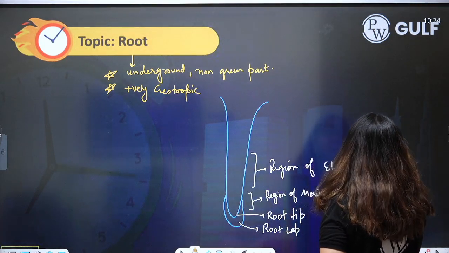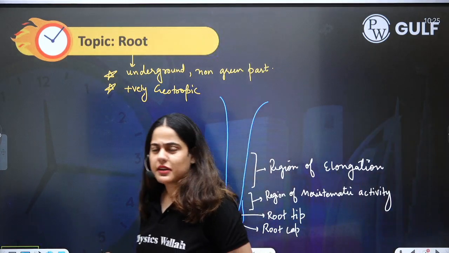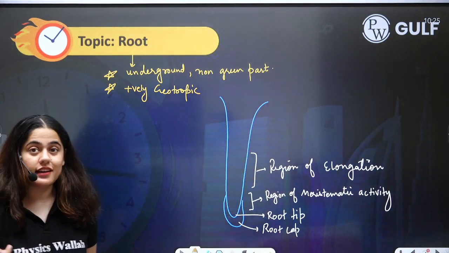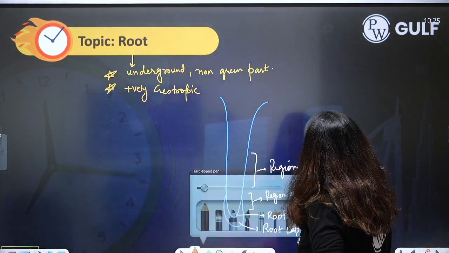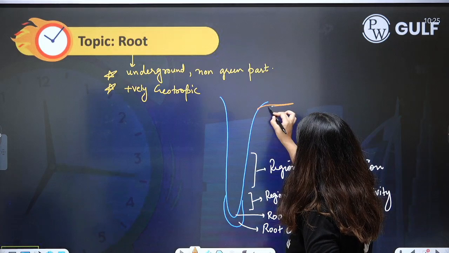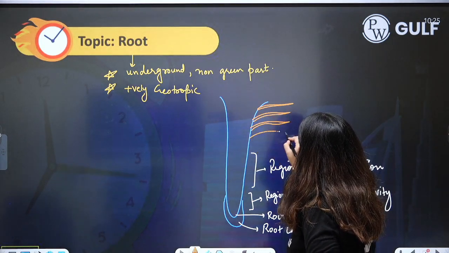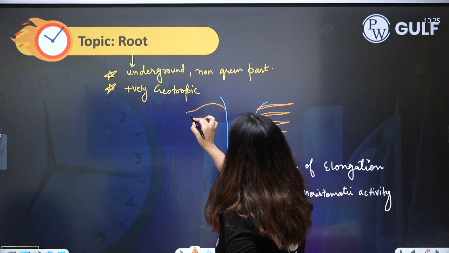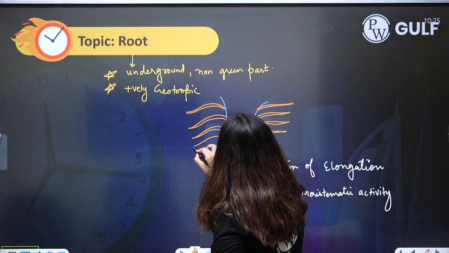Here, cells are not dividing, cells are elongating, increasing in size, and ultimately they are also helping in increasing the length of the root. The last is the maturation region, and here you can see some hair-like structure. All of you know what this hair-like structure is, right?